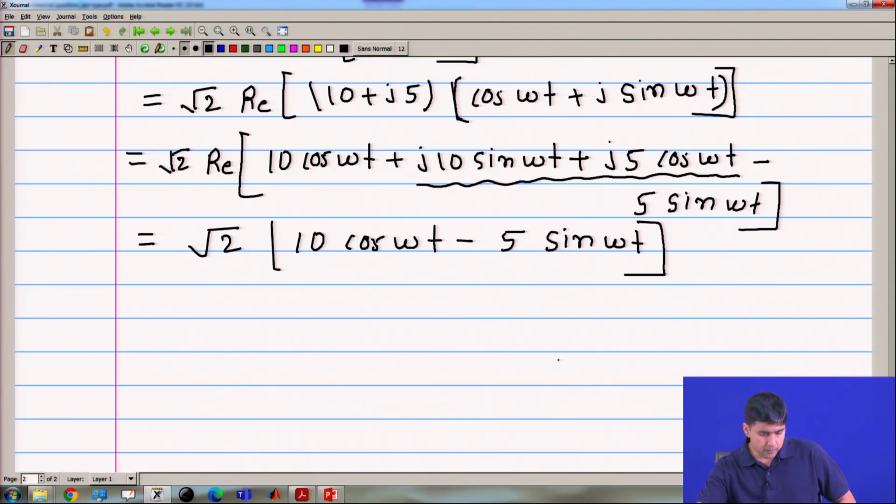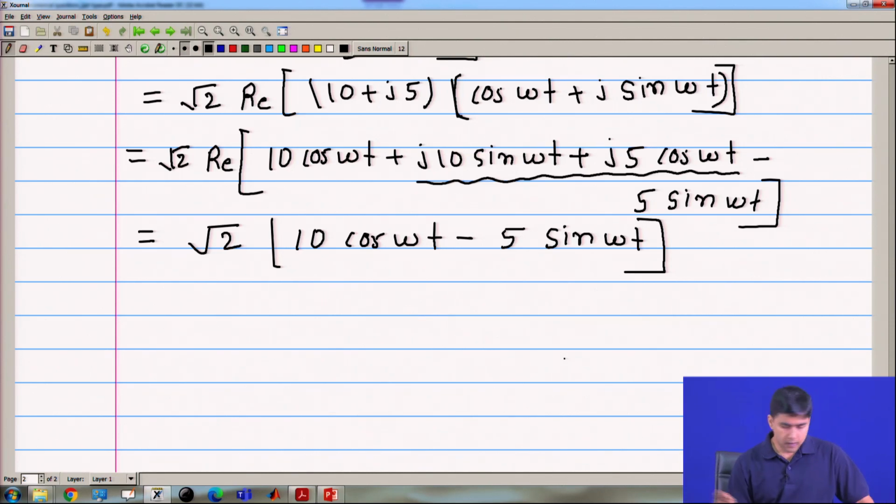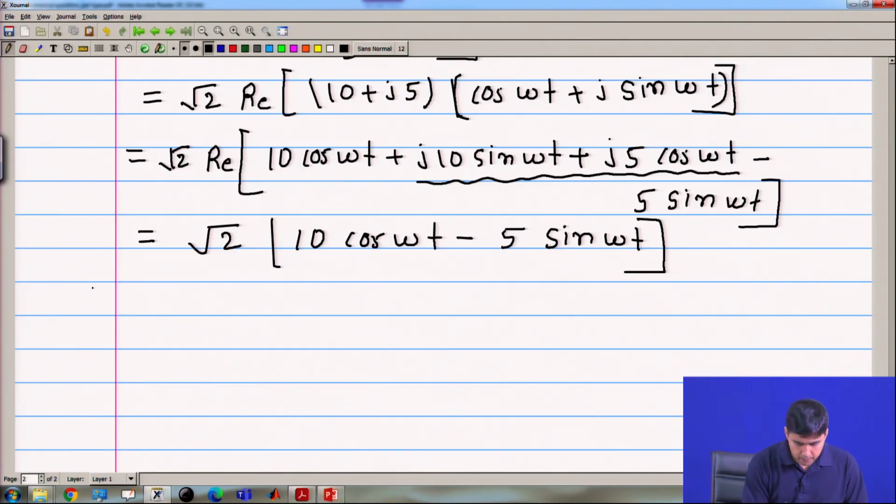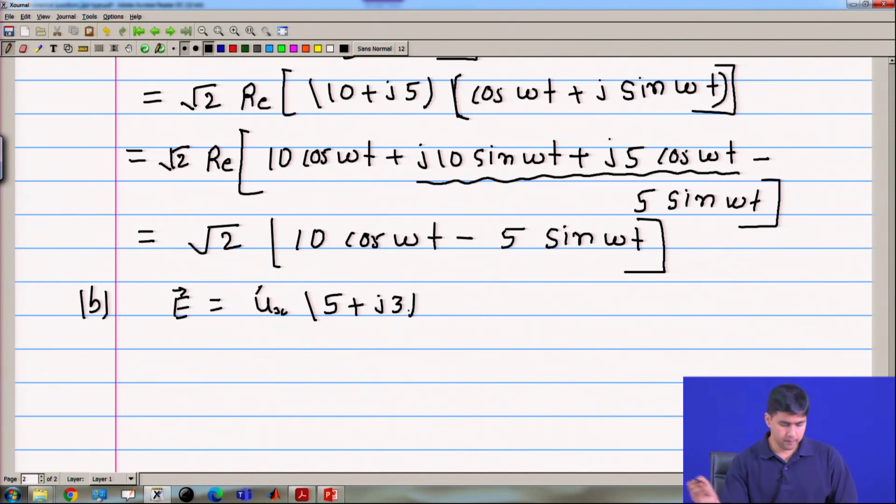Similarly, we can do for the next part. In the next part, the electric field is given, the E part is given, u x. In the B part, it is given E equal to ux (5 plus j3) e to the power j omega t plus uy (2 plus j3).